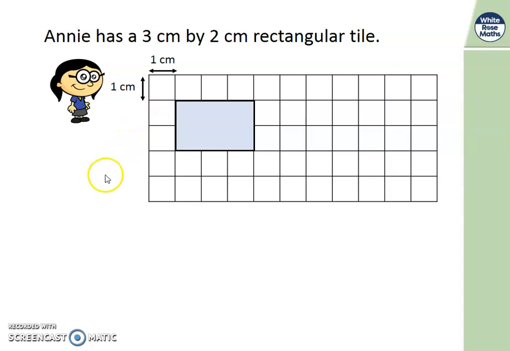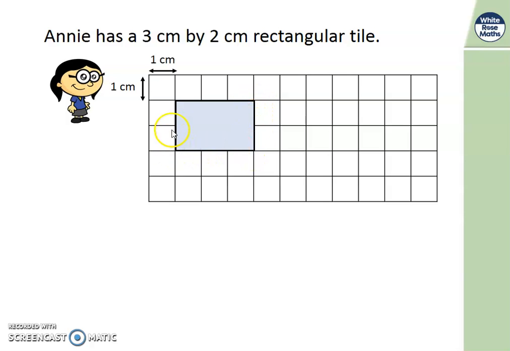Let's try some problem solving, and this is going to link to your activity today, so really pay close attention so you know what to do. Annie has a 3 centimetre by 2 centimetre rectangular tile, and this is a tile that she's going to lay down. This is 3 and that is 2.